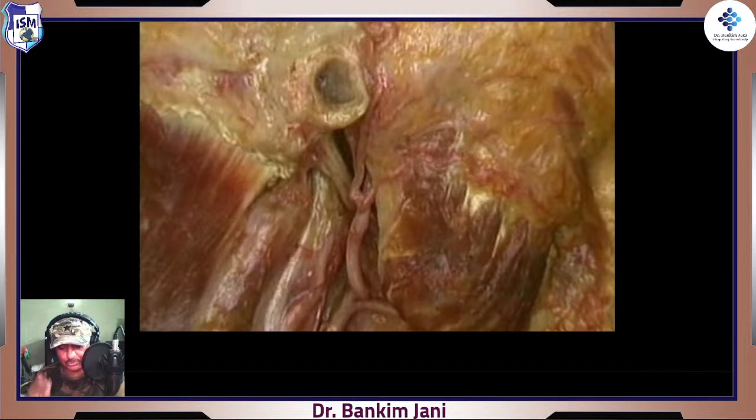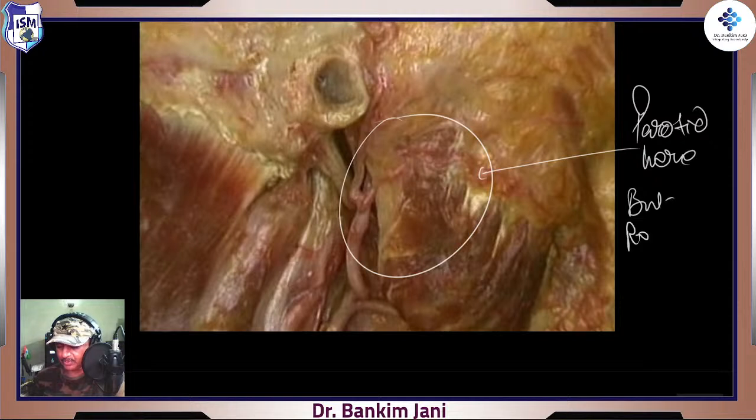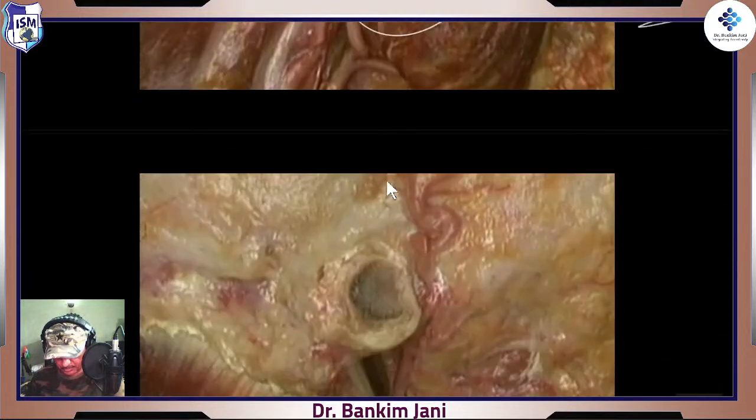But otherwise, do remember that this is the area where you will find the parotid gland. Parotid is over here. But it is removed so that there is no confusion, as none of the parotid traces are seen.